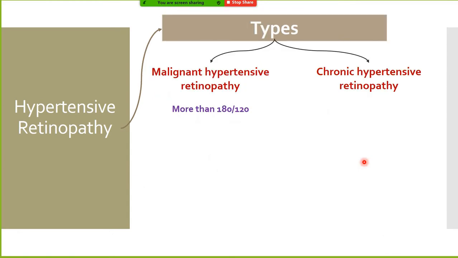Again, hypertensive retinopathy can be divided into two types: malignant hypertensive retinopathy and chronic hypertensive retinopathy. In malignant hypertensive retinopathy, the blood pressure will be more than 180/120.